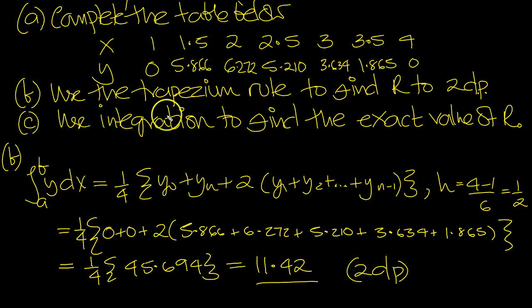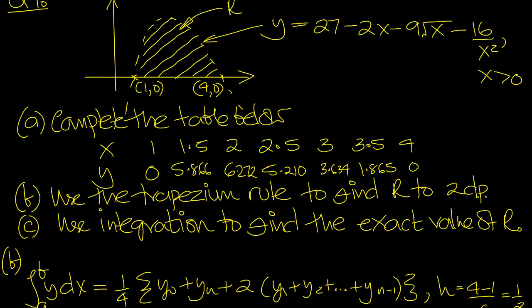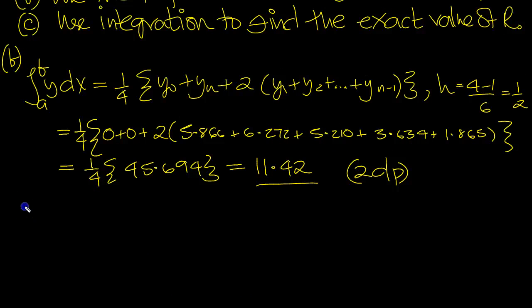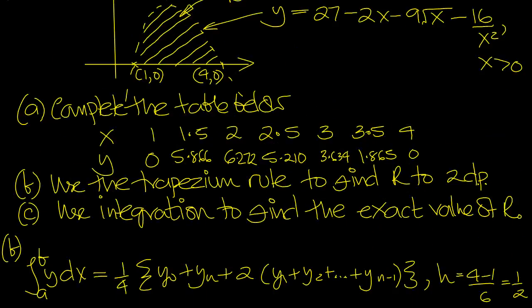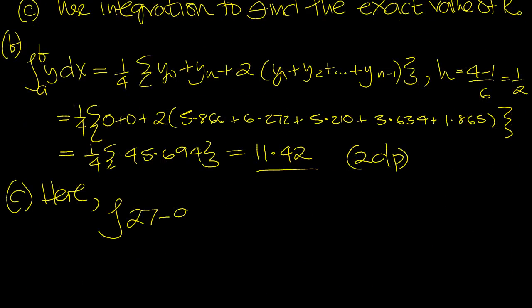So that's the trapezium rule done then. Use integration for this function here. So part C, here, we've got the integral of 27 minus 2x minus 9 root x plus 16 over x squared, wasn't it?